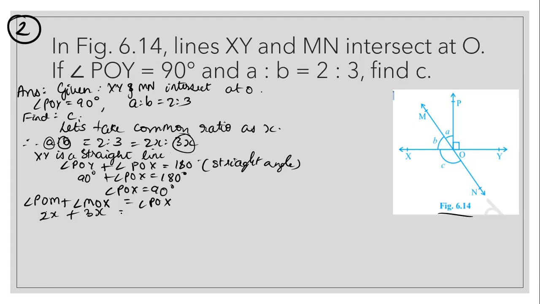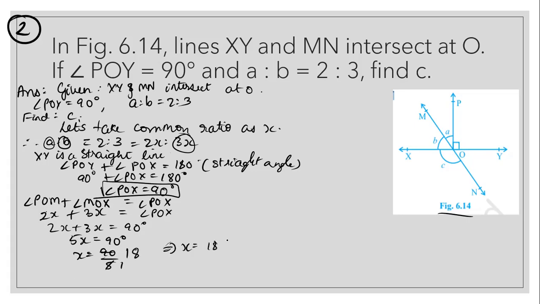So can I write that 2x plus 3x is equal to angle POX? Now actually what is our angle POX? 90 degrees. So 2x plus 3x is equal to 5x, which is equal to 90 degrees. x is equal to 90 by 5. 5 ones are 5. And now when we substitute the values, we'll get x is equal to 18 degrees.